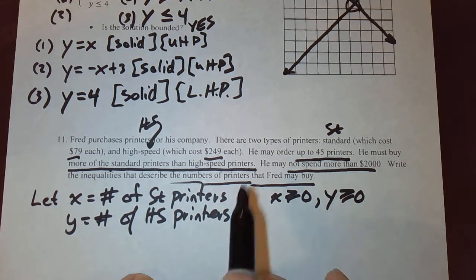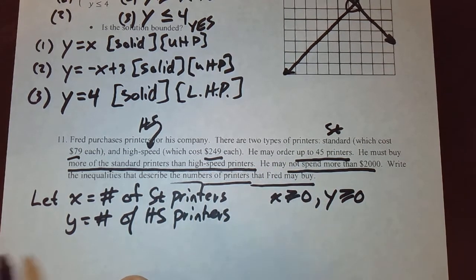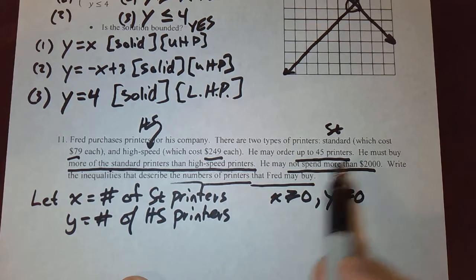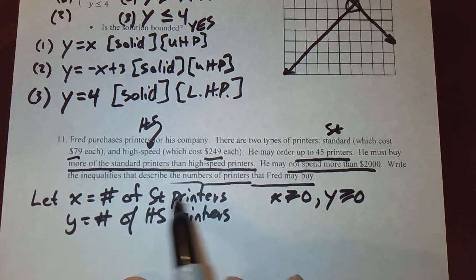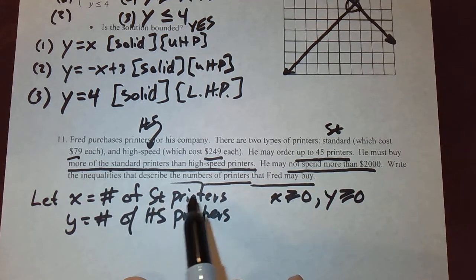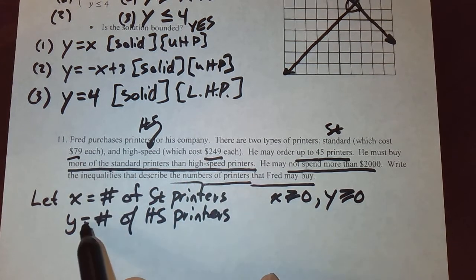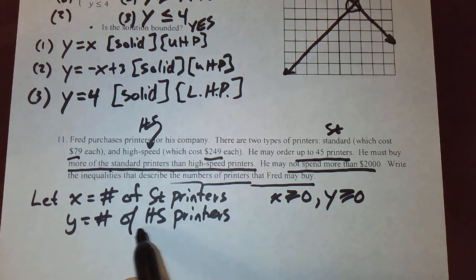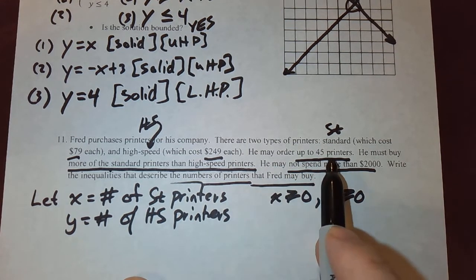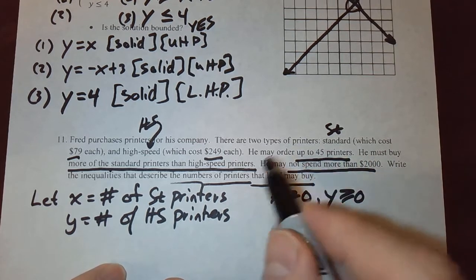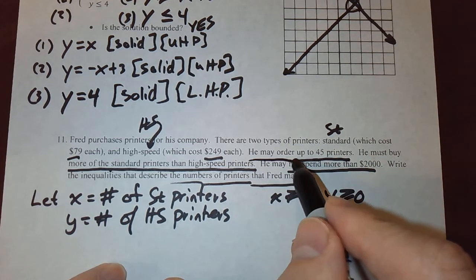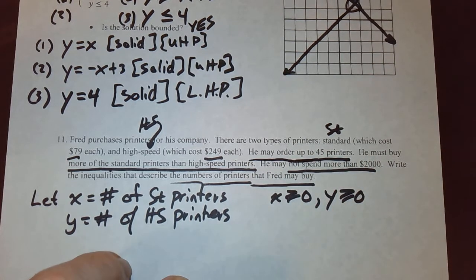Okay, so we have to make sure we use every number in this. Two types of printers. The x printers, the standard printers, cost $79, and the high-speed printers, of which we need y of them, are $249. He may order up to 45 printers. That sentence right there gives us an inequality. He may order up to 45 printers.